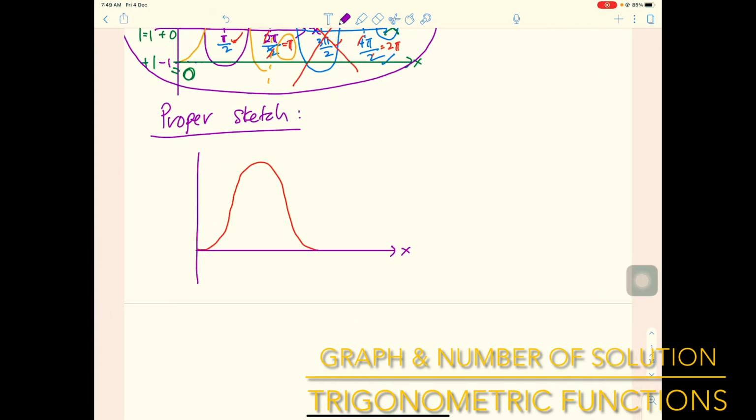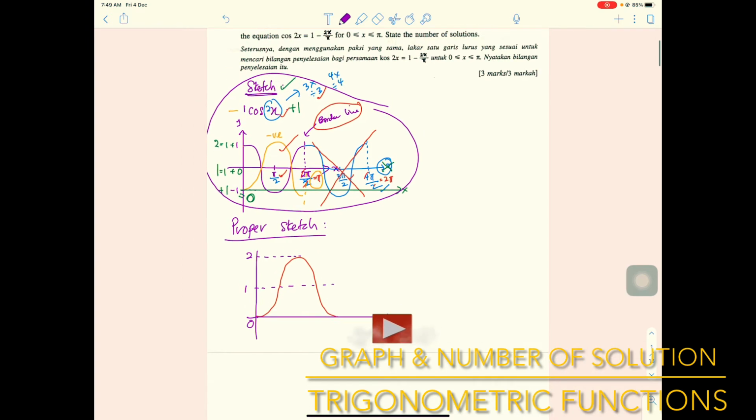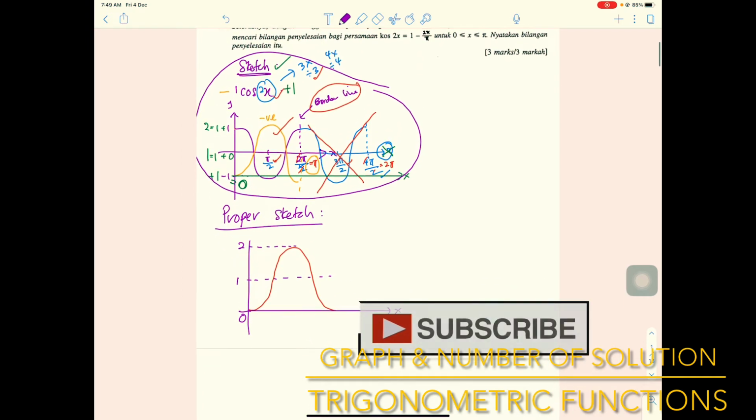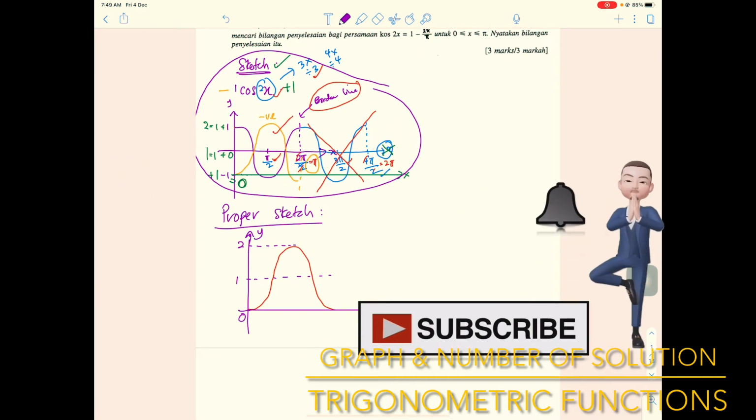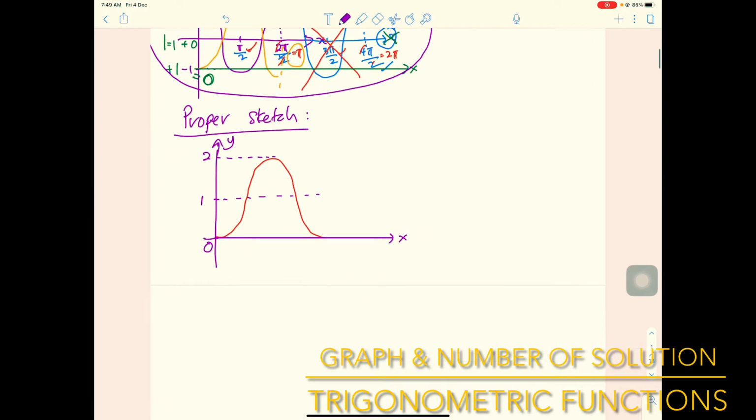This is the line of y equals 1, and then this is 0. The maximum amplitude is 2. Let's say this is 1. So this is finished, sketching the proper graph for y equals 1 minus cos 2x.